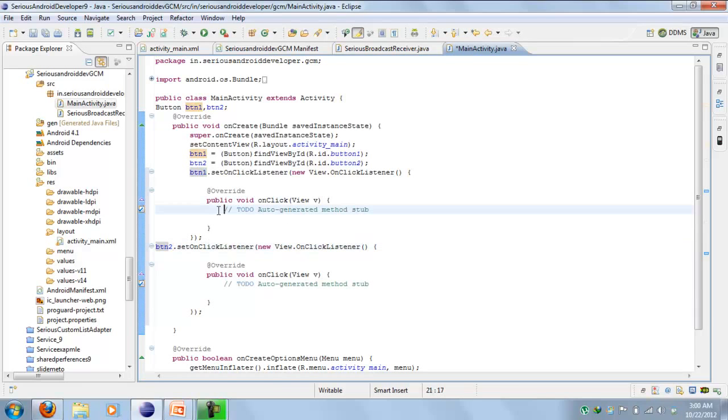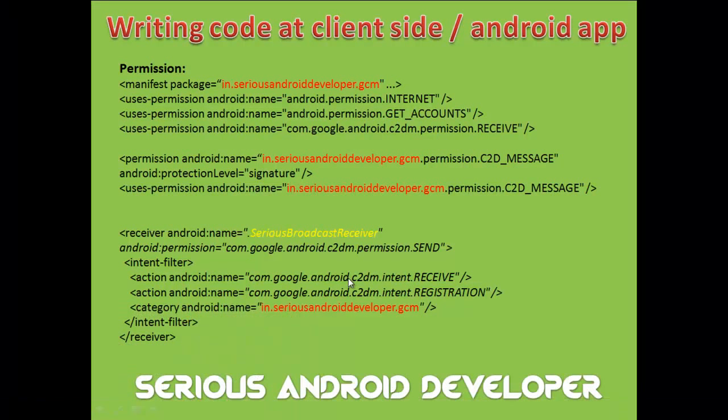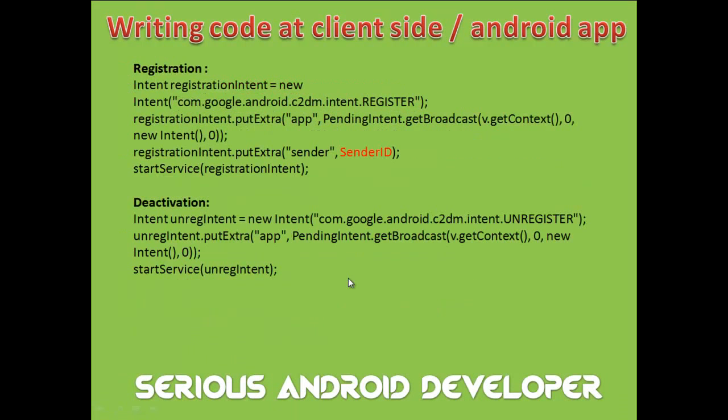Okay, this is for activation and this is for deactivation. And let us get back to the slide. To activate our app, we need to execute this code.